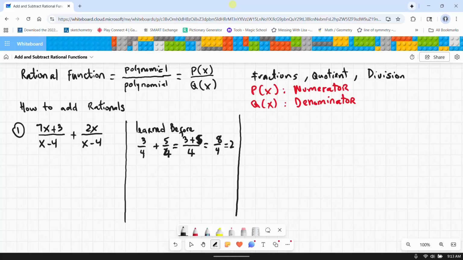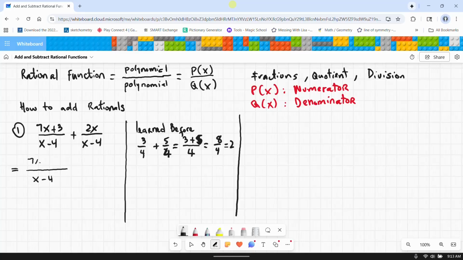Now look at example number 1. The denominators are the same, so the denominator is going to stay the same. Here we have x minus 4. Right now we just combine the numerators.